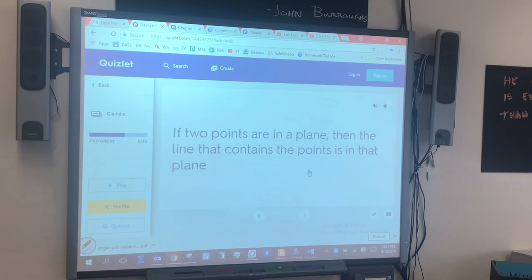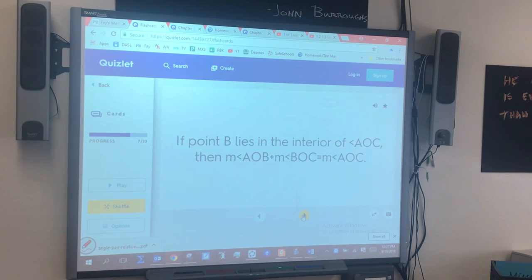So on the back side it just says postulate, so it doesn't make a whole lot of sense to do the test or the other options within Quizlet other than just looking at the flashcards. Is that okay with everybody? But you'll need to know those things. You need to be versed in those and understand what they say and what they don't say for your test.